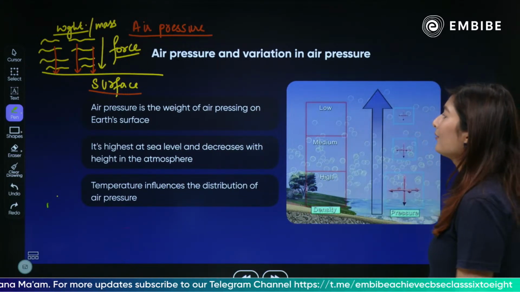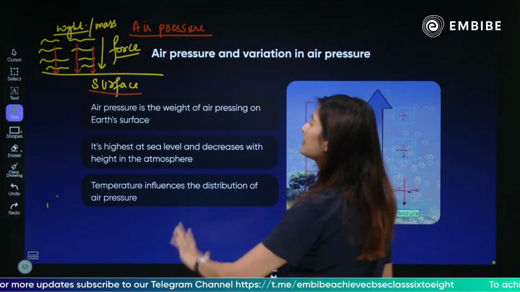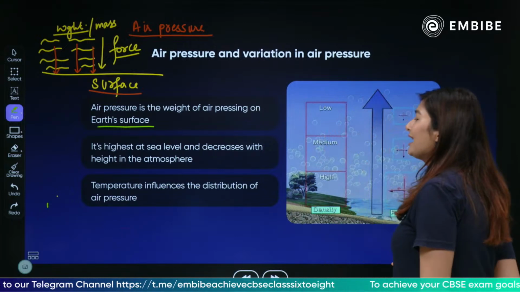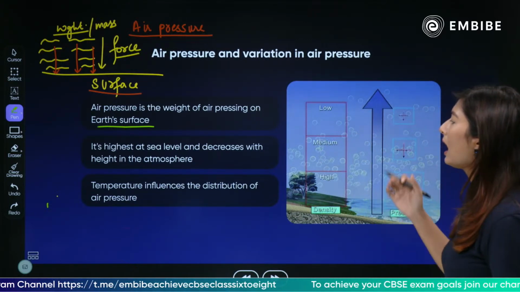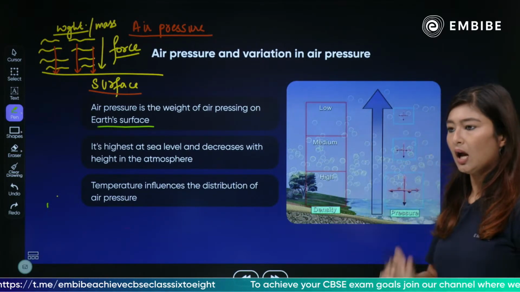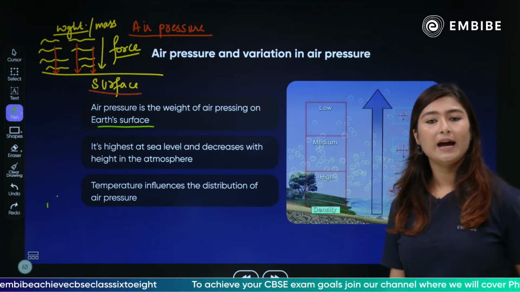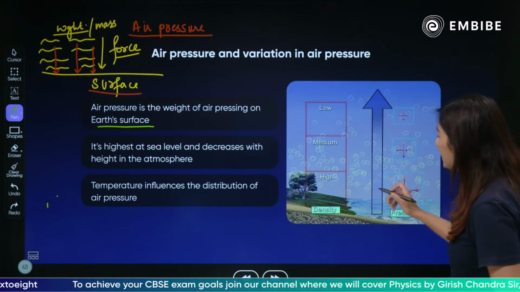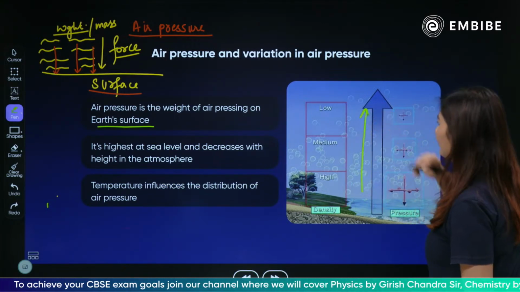ठीक है? There is the weight of air pressing on the earth's surface or any surface for that matter. It's highest at sea level and decreases with height in atmosphere. So, bache, when we were reading the different layers, we saw that the amount of air present decreases as we go up.